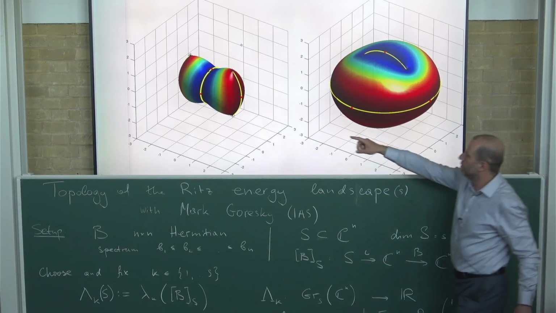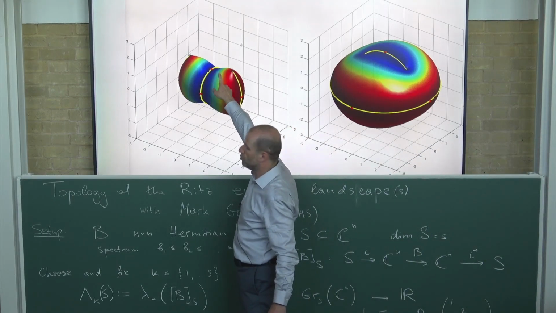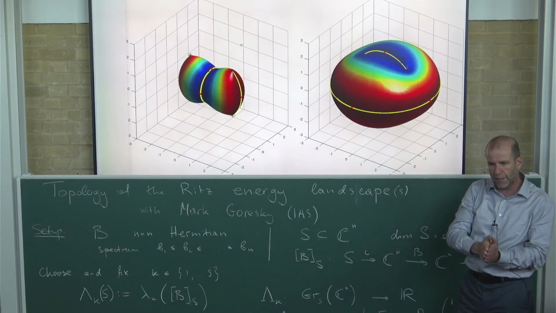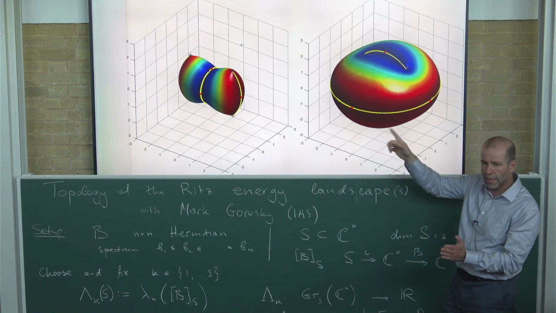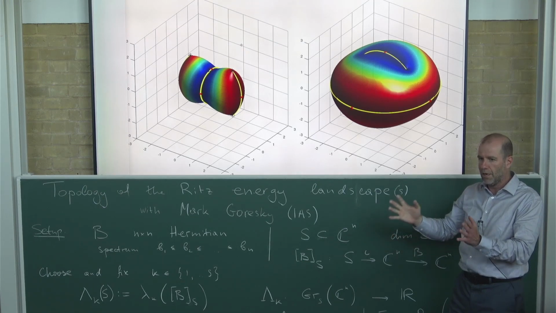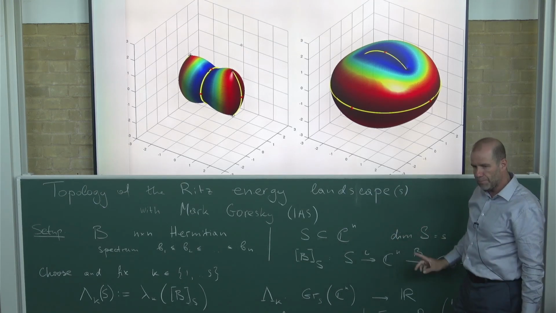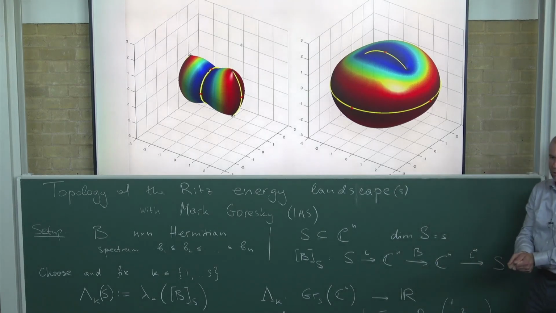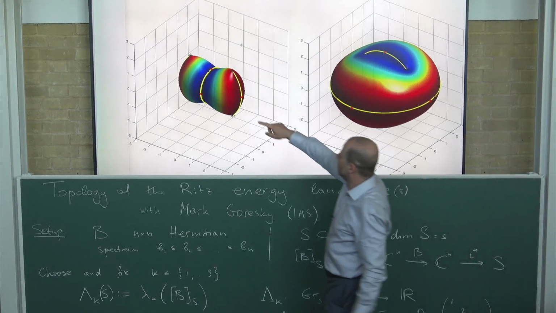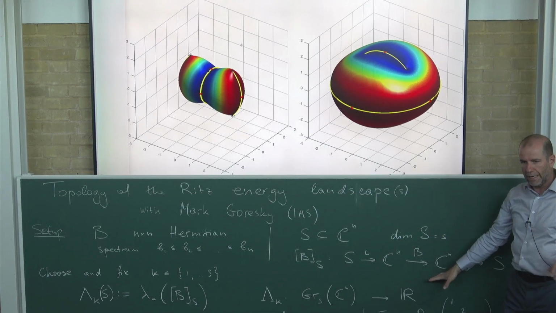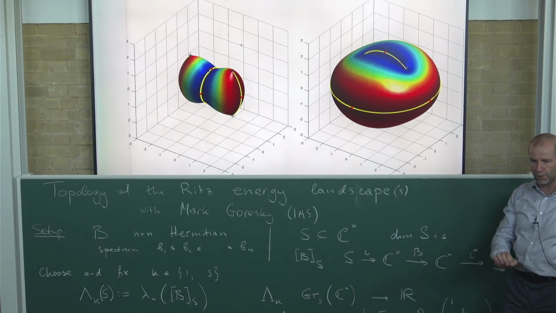So one of these two red points is the linear combination of the first eigenvector and second eigenvector. Another one, first eigenvector and the third eigenvector. On both of them, lambda 1 gets the lowest eigenvalue. In fact, this whole circle is the circle of S's, of planes, that contain the first eigenvector.